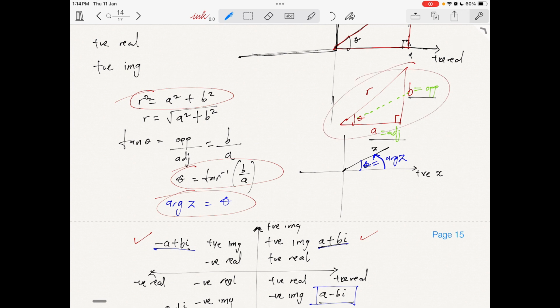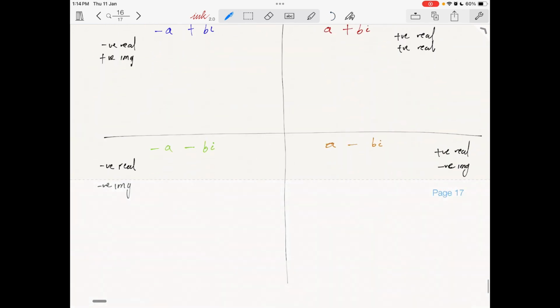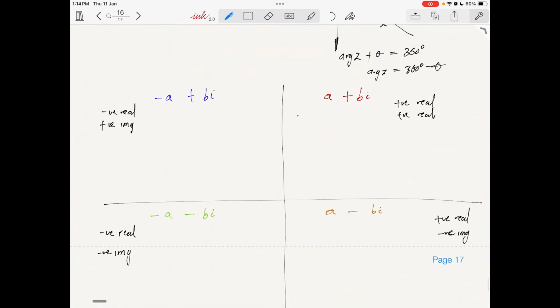We can see that our argument Z, first of all, is theta. So our argument Z is equal to theta. Our r is the square root of a squared plus b squared, and our theta is arctan b over a.